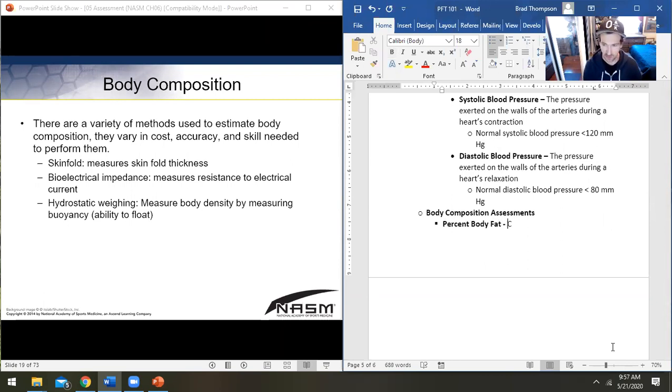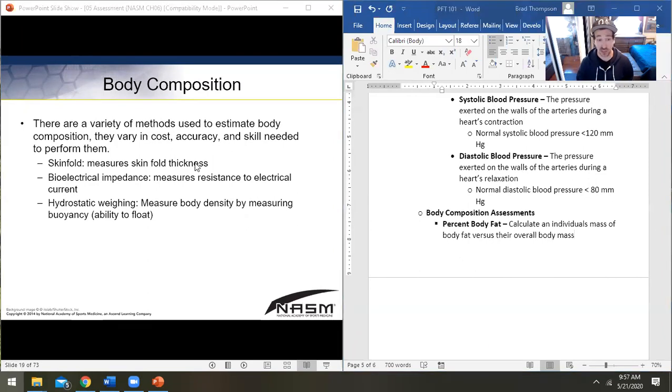So this is going to calculate an individual's mass of body fat versus their overall body mass. The way you get your body fat percentage is, let's say you have 20 pounds of fat on your body and you weigh 190 pounds.